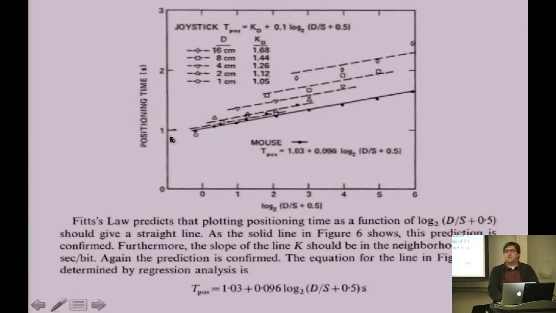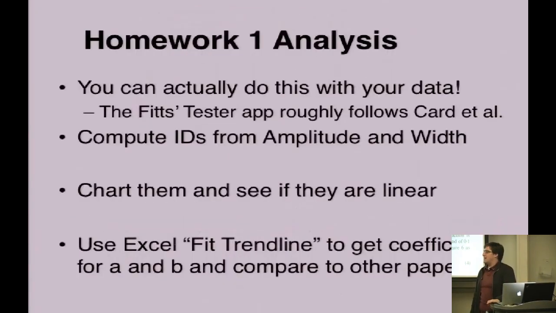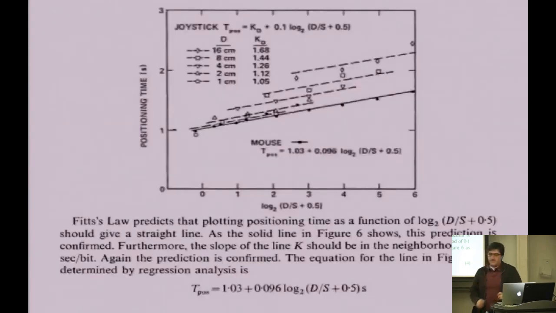Far away targets are much harder to point to. They take longer. And you'll note it starts somewhere here. It doesn't start at 0 because, as I said, you've got to spend some time clicking and moving the mouse. It's interesting to think that these people took almost a second before they started moving the mouse and before they finished clicking. You wonder if maybe that was because the mouse was still a little more nascent than it is now. I don't know that I buy that, but it's interesting to think about.